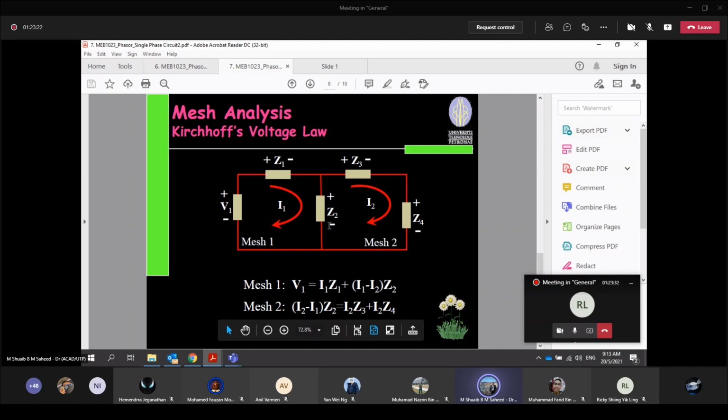Then you reach over here, so this will be positive Z2 (I2 minus I1) equals 0. Okay, that's about it. And then now you can go on and solve the question.